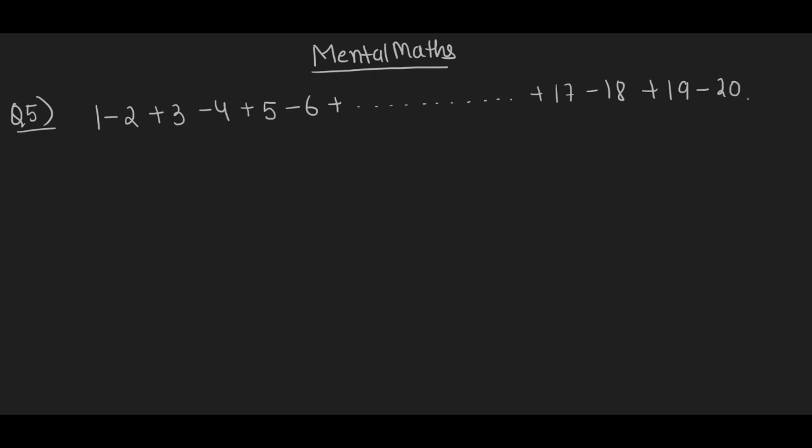So children, this is a mental math based question, and I will ask you to think about the pattern of these numbers. If you see the first two numbers, you have 1 and -2. So the difference between 1 and -2 is -1. The difference between 3 and -4 is -1. The difference between 5 and -6 is also -1.